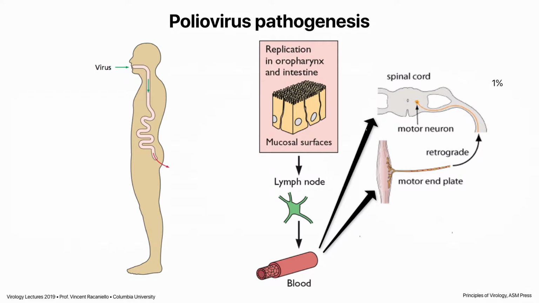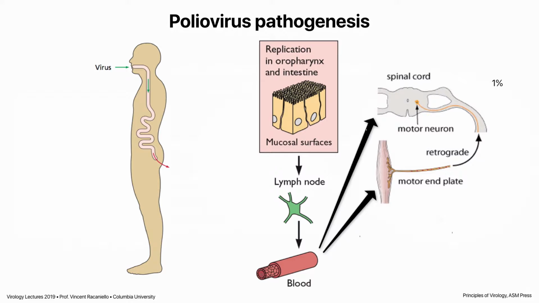The pathogenesis: you ingest fecally contaminated material. And it still happens to this day because in general, humanity has really bad hand hygiene. We go to the bathroom and we don't wash our hands, and then someone else gets our fecal material. And kids are particularly good at this because they don't wash their hands at all.